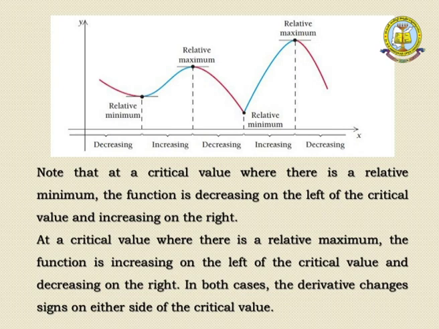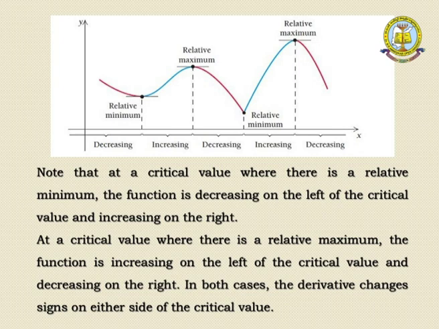At a critical value where there is a relative maximum, the function is increasing on the left and decreasing on the right. In this way, we can interpret when the function will have a relative minimum or relative maximum based on its increasing and decreasing behavior.